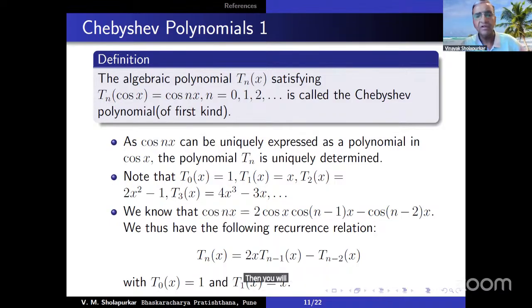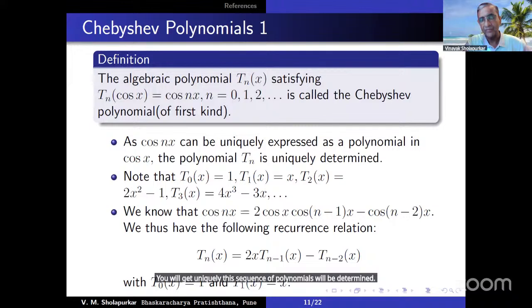Then you get 2 cos x cos (n−1)x. So we have the recurrence relation Tn(x) = 2x Tn−1(x) − Tn−2(x), with initial conditions T0 = 1 and T1 = x. This is a linear homogeneous recurrence relation of order 2 with two initial conditions, so it completely determines all values of Tn, and this sequence of polynomials is uniquely determined. So this is the definition of Chebyshev polynomials.